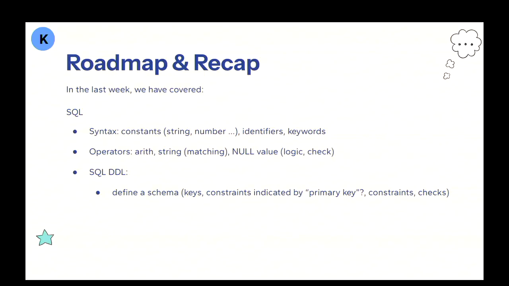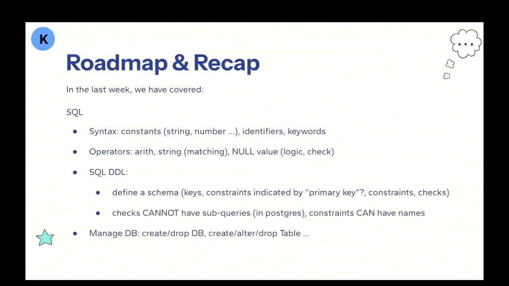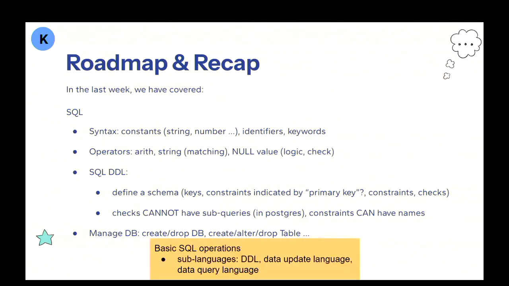So this is about how we define a schema, and here are the two things you have to take note of. After that, we also covered how we manage a database system, how we create and drop databases, and how we create, alter, and drop tables.